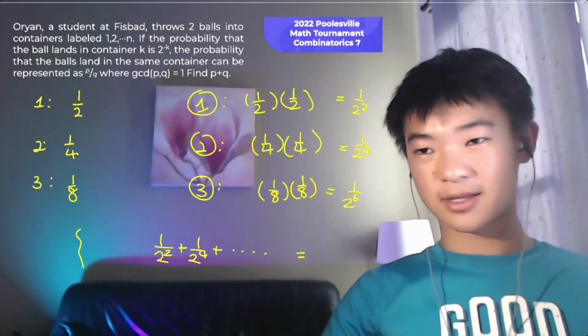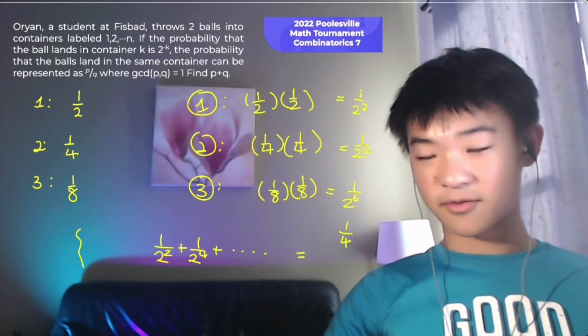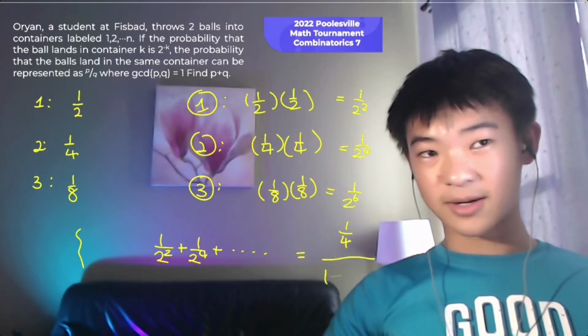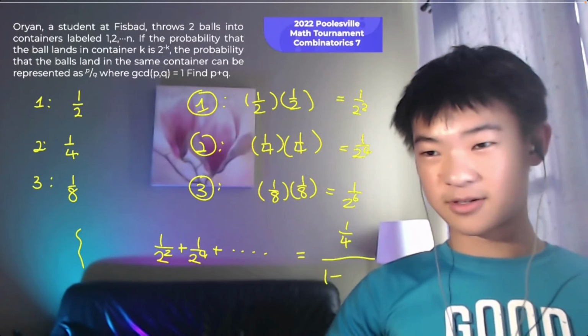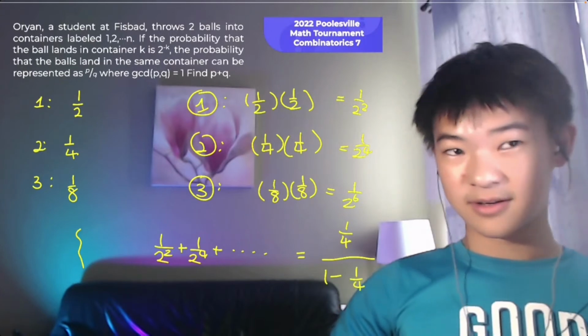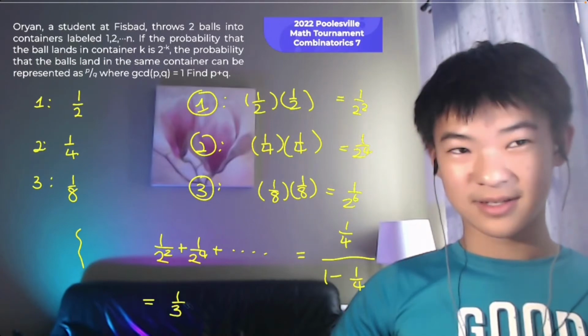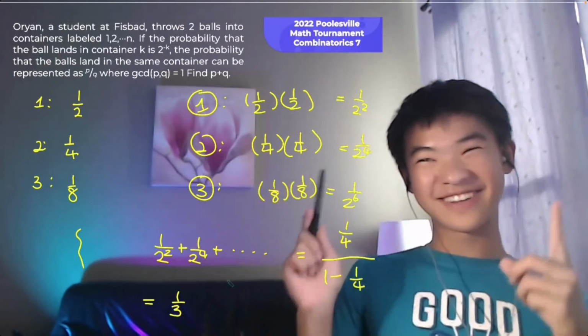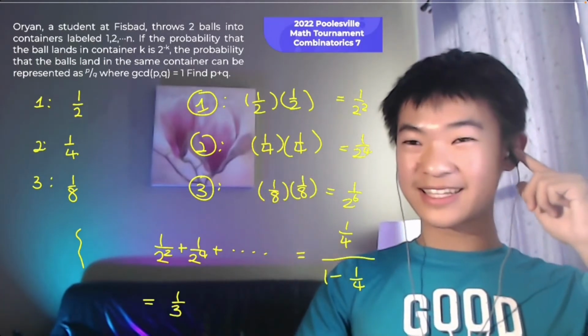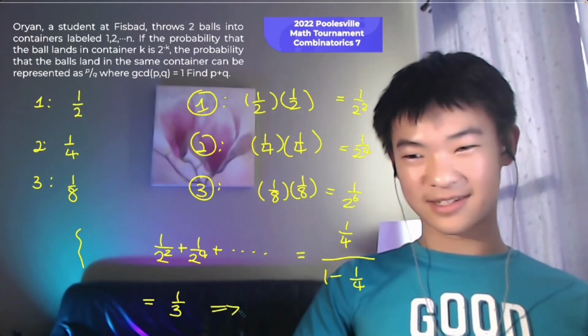I'll just directly use our formula. 1 over 4, first term, divided by 1 minus the common ratio, which is also 1 over 4, which gives the answer of 1 over 3. But that's not the answer. We don't want to make a bad mistake. The answer would be p plus q, which gives the answer of 4.